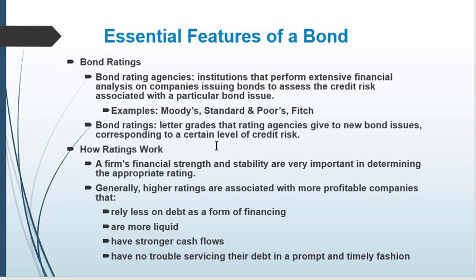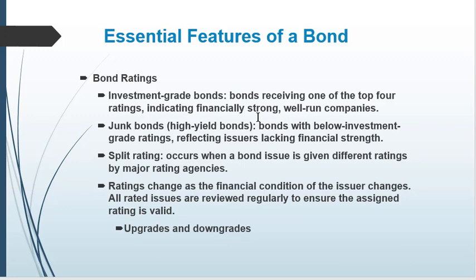So companies such as Moody's and Standard & Poor's go through a financial analysis of the company, and they evaluate the probability of default. Investment grade bonds are the top ranking, if you will. These are financially strong, well-run companies with very little chance of default. When you go down this rating system, things become riskier and riskier.